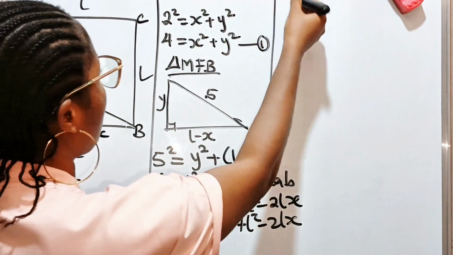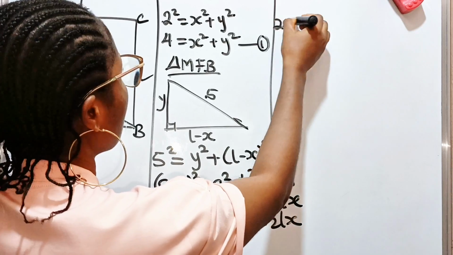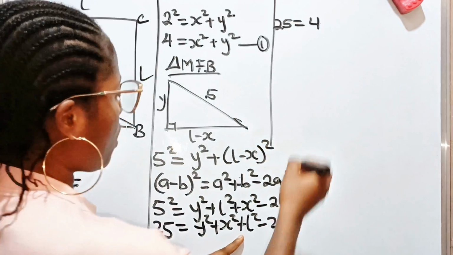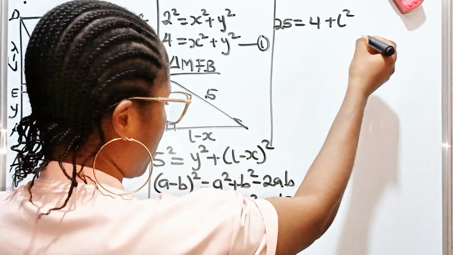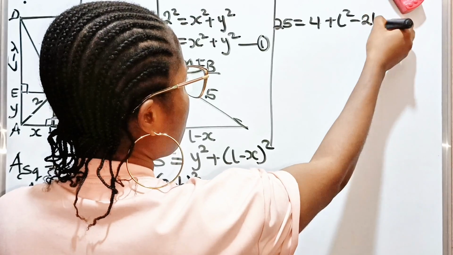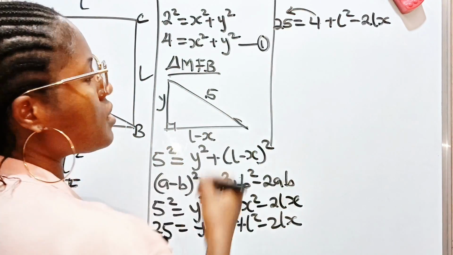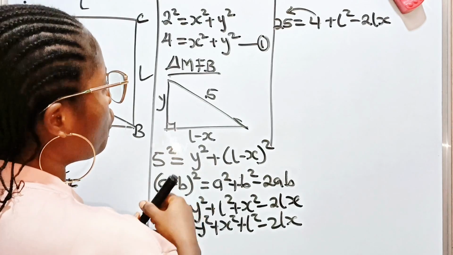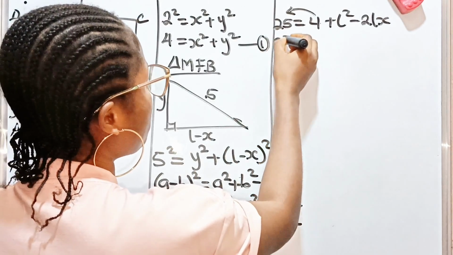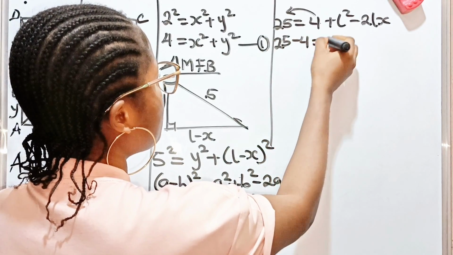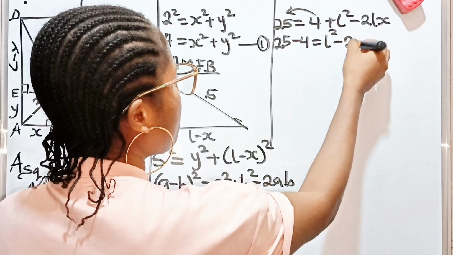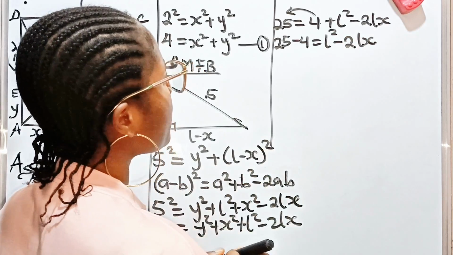So we have 25 is equal to 4 plus L squared minus 2LX. Now let's transfer this to this side. If we do that, we have 25 minus 4 is equal to L squared minus 2LX.